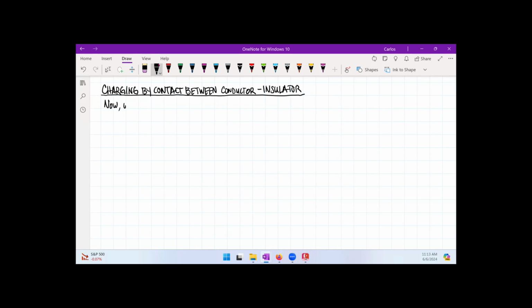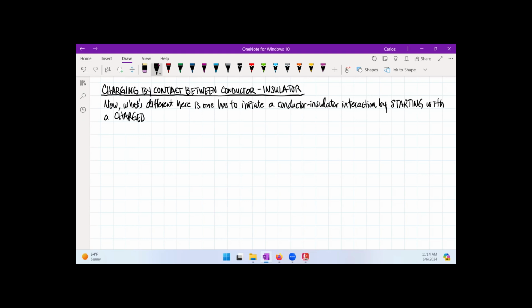Now, what's different here is that one has to initiate a conductor-insulator interaction by starting with a charged insulator.